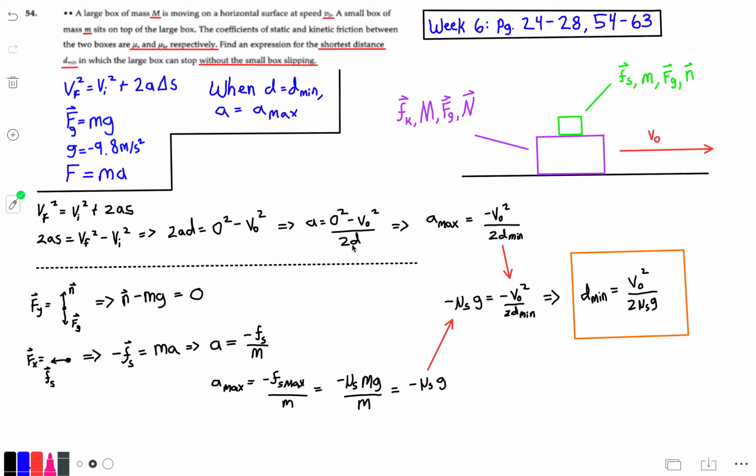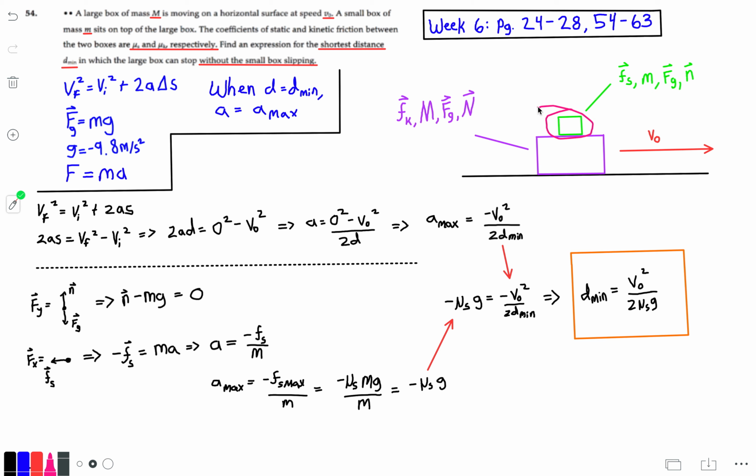All right, so I'm solving for acceleration because I want to figure out what the max acceleration is. Plugging in, I get that the maximum acceleration occurs when the distance is the shortest, or d min right here.